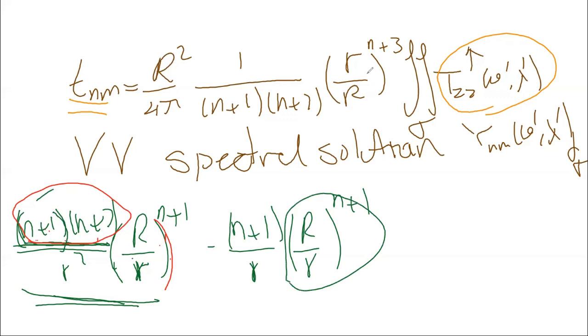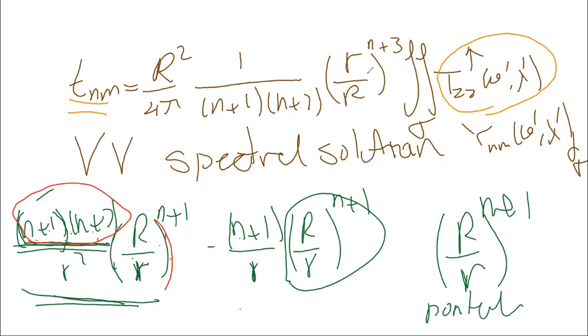So n plus 1 is weaker than n plus 1 times n plus 2. And if we have the potential only, it will be this one. So this is for the potential. Potential, the first derivative, and the second derivative.